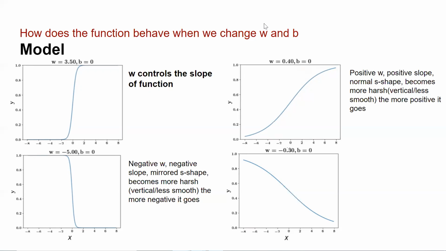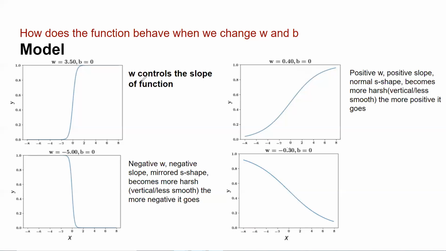Yes. Okay. So this is the sigmoid function I have plotted when my W was 3.5 and my B was 0. Here I am having only one input feature and I'll have one target.